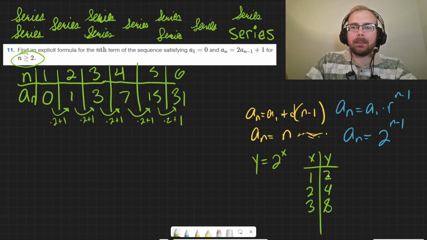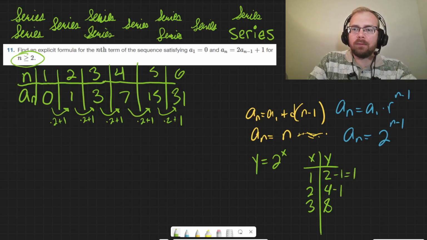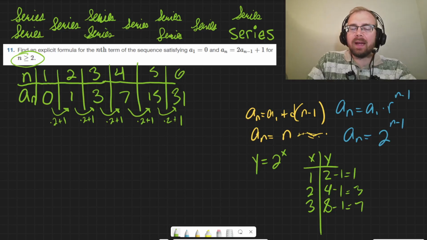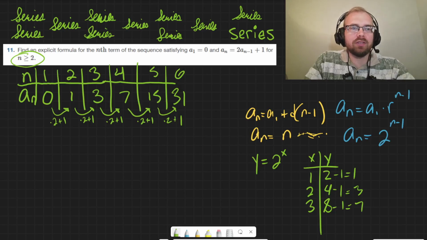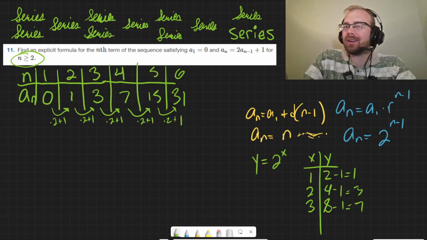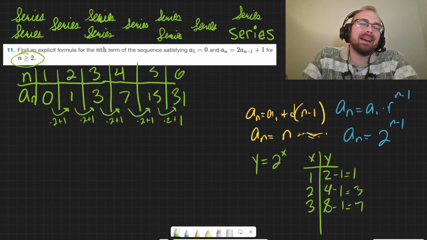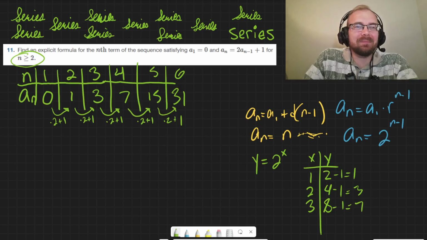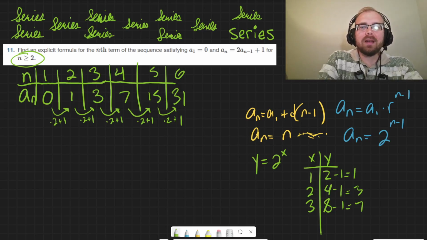Well, if I minus 1, I get 1. Minus 1, I get 3. Minus 1, I get 7. So I actually just need to minus 1, and that should do the trick. It's weird because the pattern is times 2 and then add 1, but if I just minus 1 from everything, then that actually kind of fixes it.